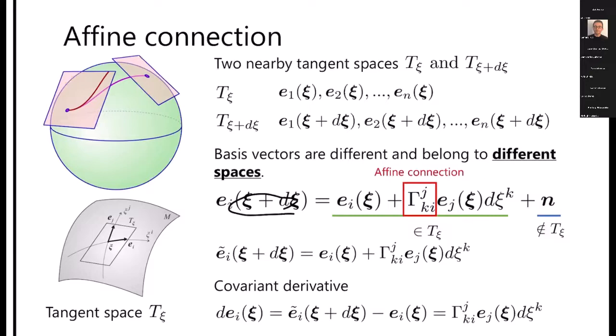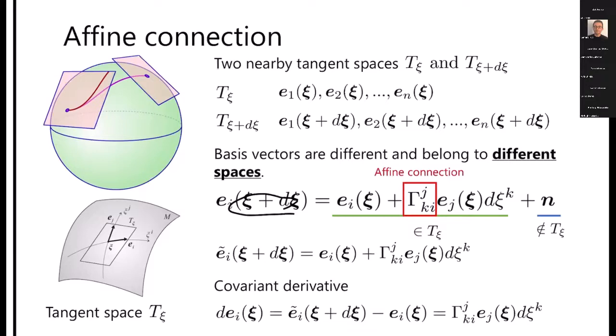But in differential geometry, we basically do not care, or cannot care, about this component. So we do not consider this, and only consider this term. Okay, and the difference between the tangent vectors of the nearby tangent spaces is expressed by this, and this is called the covariant derivative.